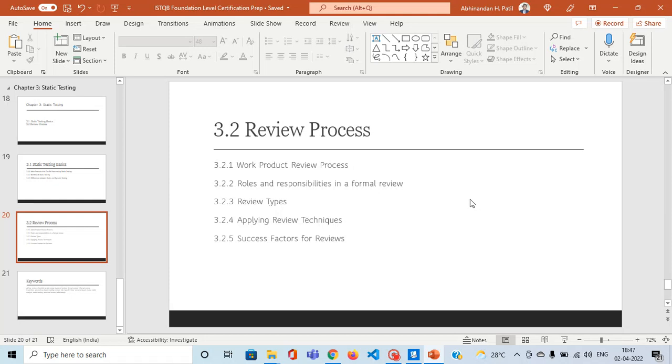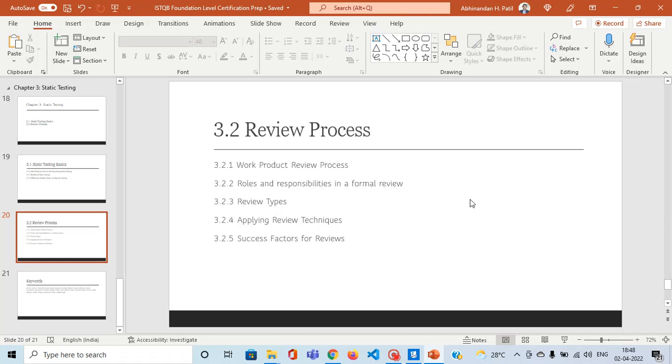Perspective based is the one where you bring in different kinds of reviewers, not all developers. It could be end users, designers, testers, or operations people, so that you can collect different viewpoints.